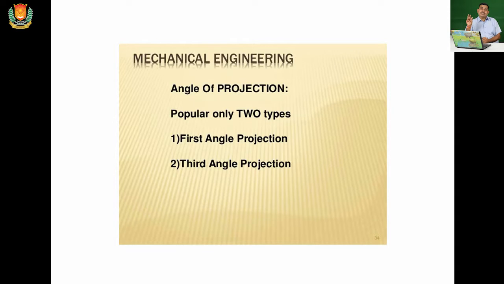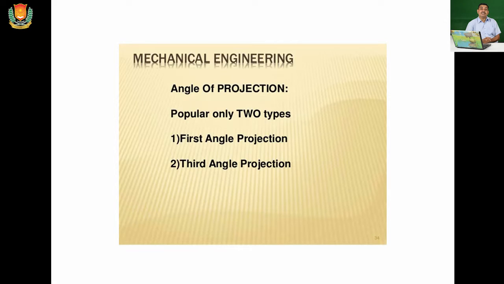That 360° is divided into 4 equal parts, and each part is called a quadrant. The first 90° is called the first quadrant, then 90° to 180° is called the second quadrant, then 180° to 270° is called the third quadrant, and 270° to 360° is called the fourth quadrant.